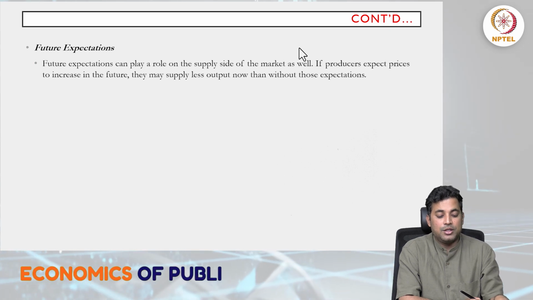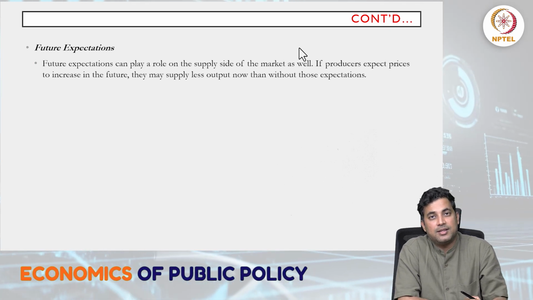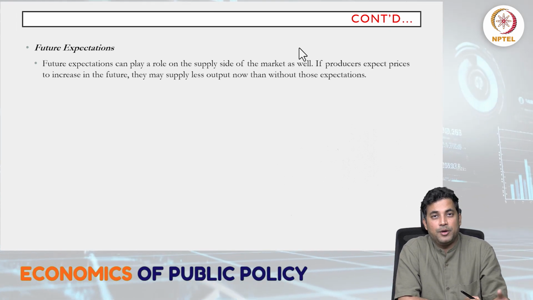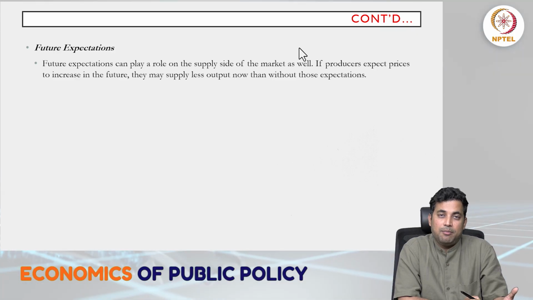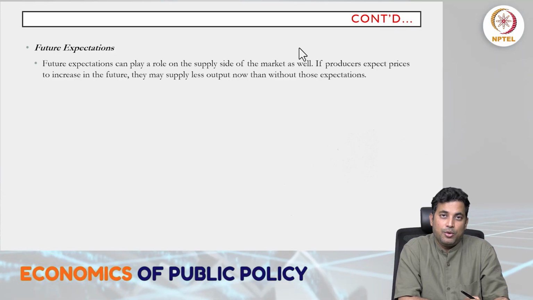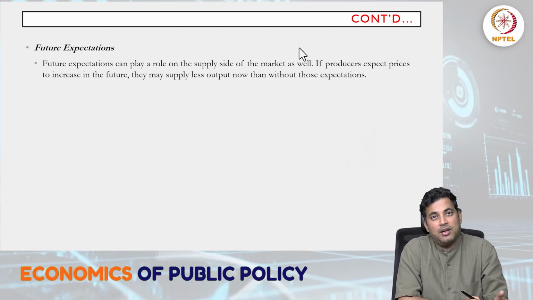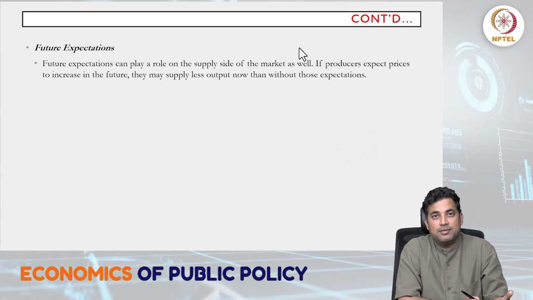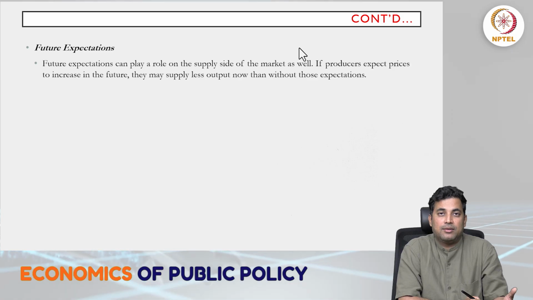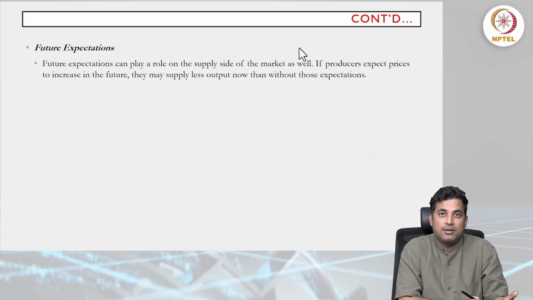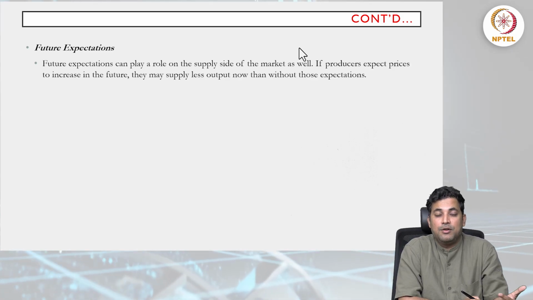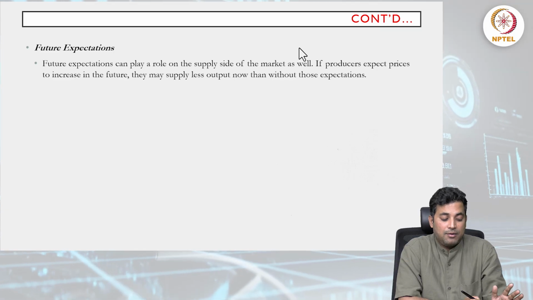To continue with future expectations, for instance, if producers think a particular commodity will have much more demand and will get a higher price in future, then in that anticipation, they may supply more at the current price. That expectation of future price will also be a determining factor for producers.